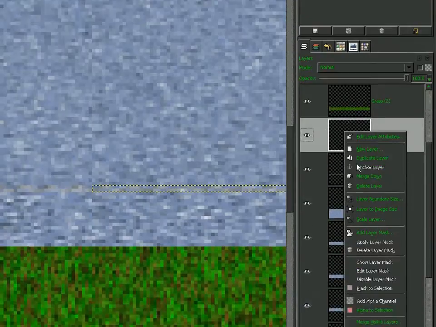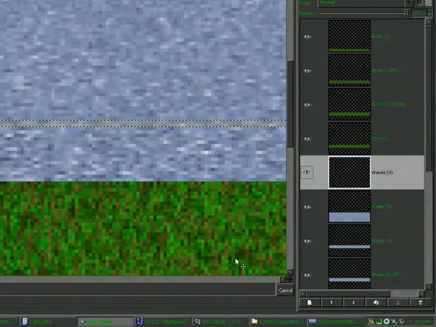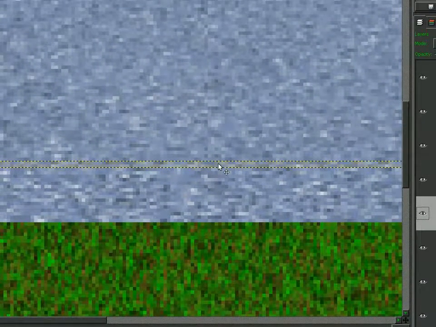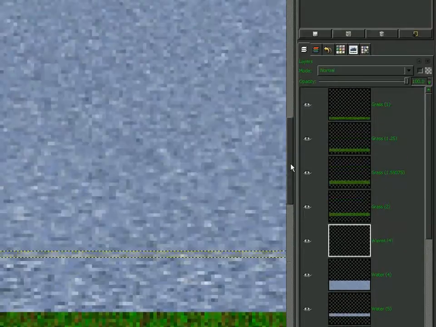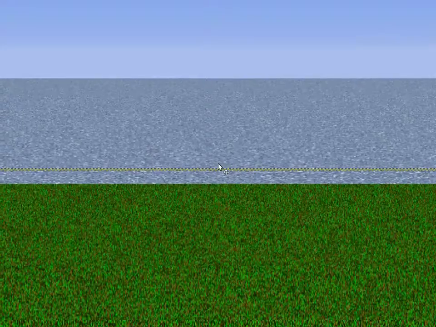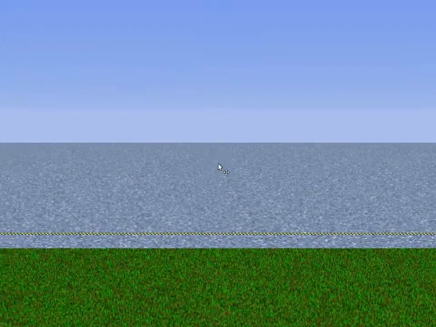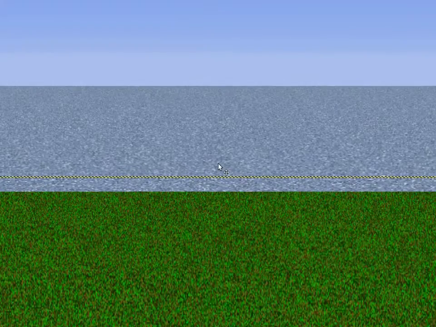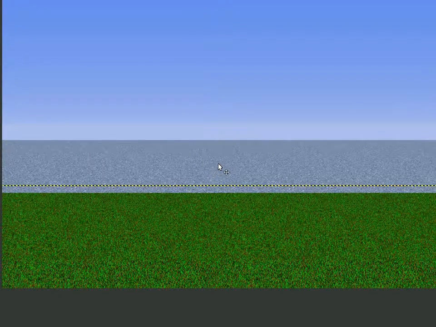Hard to see though. That's because they kind of blend in pretty well. However, I kind of need to redo the waves now since I actually got the ground texture done. And just for reference, that's what the scene kind of looks like right now.